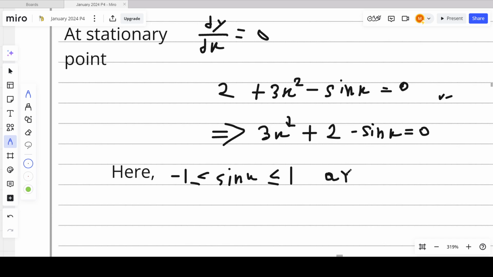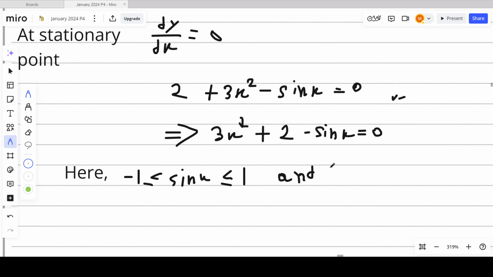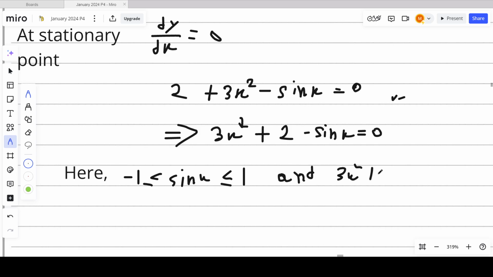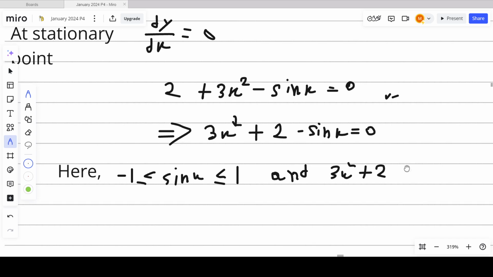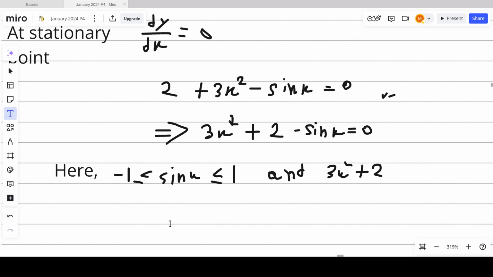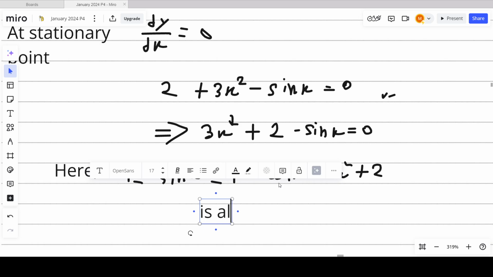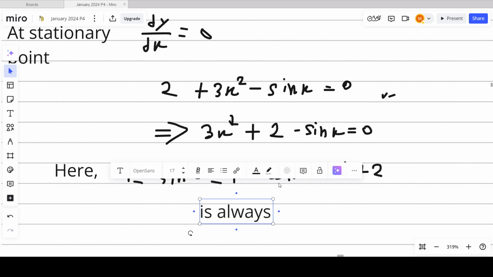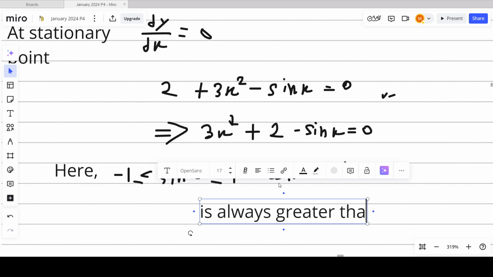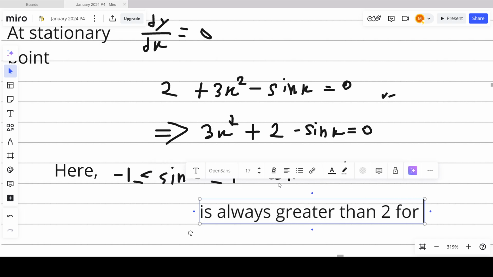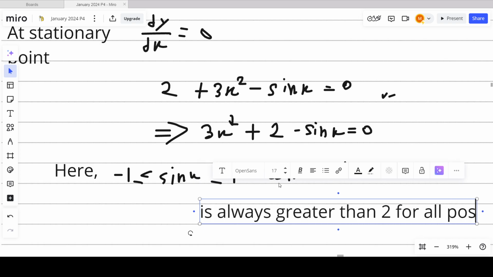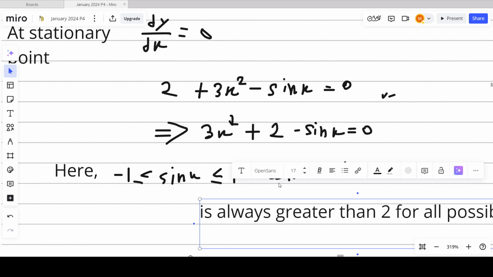And 3x squared plus 2 is always greater than or equal to 2 for all possible values of x.